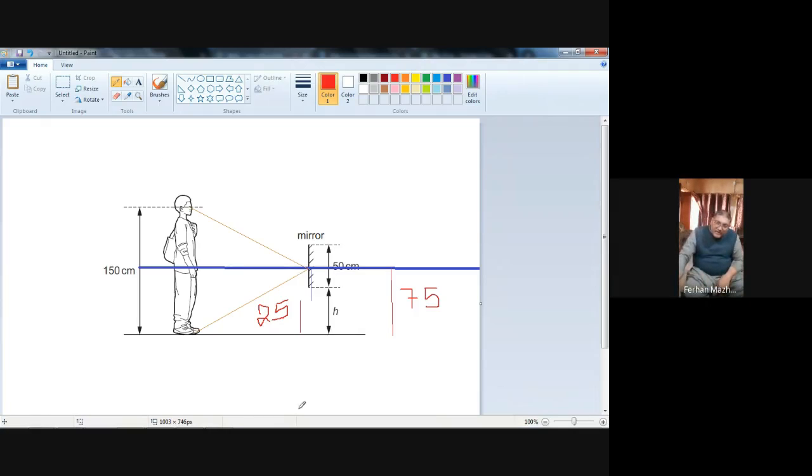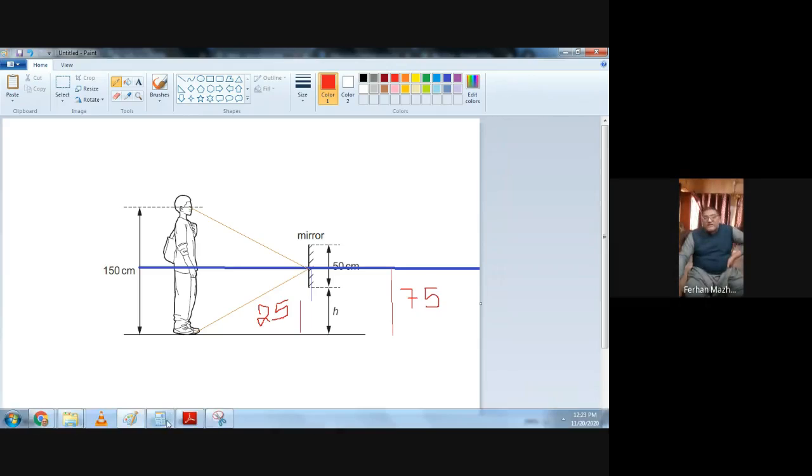So if you move the whole mirror down, the tip of the top of the mirror should be here, so that the light from here can be reflected into the eyes of the boy. So the boy will be able to see his shoes. This point is 75 centimeters high. If the mirror is down here, the mirror is 50, so this height will be only 25.